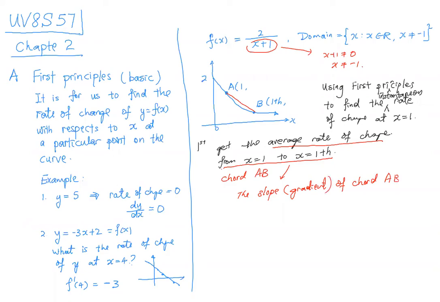Are you clear? So if it's a straight line and you want to find the gradient, you must know the coordinate x and the coordinate y for A and B. Am I right? So for my point A, when x is equal to 1, may I know what is my y, which is f(1).